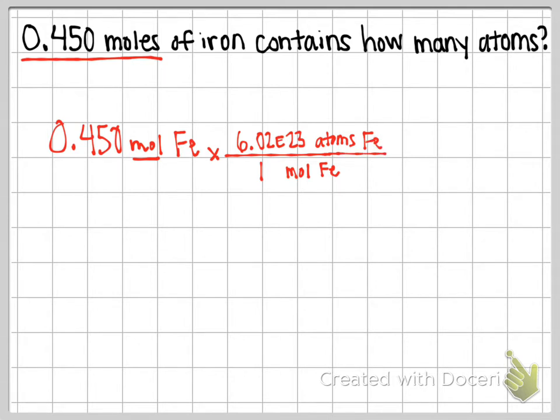Okay, so again, like I said, if you have a unit that is written on top and on the bottom, it crosses out. You are left with atoms of Fe, which is what the question is asking, how many atoms. Okay, so again, you multiply the stuff on the top, divide it by the bottom.